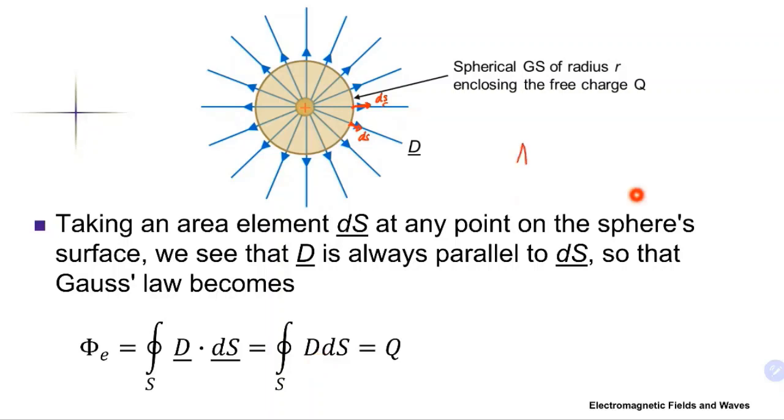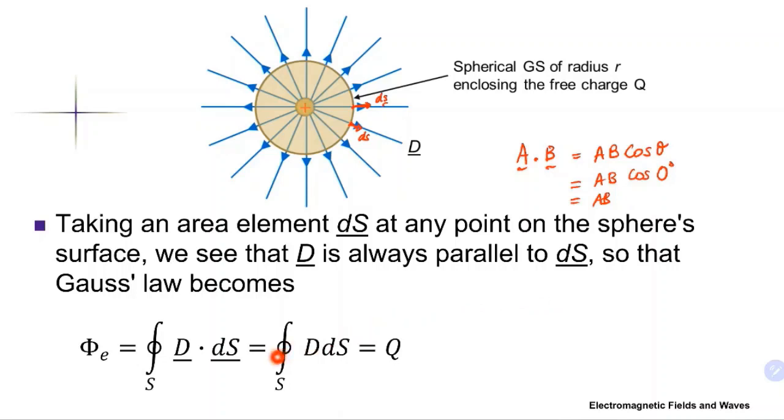Dot product A dot B is equal to the magnitude of A times the magnitude of B times cosine theta, and because they are parallel, this simply equals AB cosine of 0, and therefore it equals AB. So the dot product of D dot ds is simply the magnitude of D times the magnitude of ds.